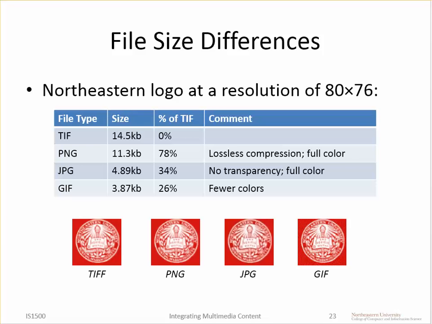So you kind of have to decide, do you want full color, in which case you need to use either TIFF, PNG, or JPEG. Then you have to ask yourself, do I want full compression? And if I want compression, am I willing to accept a degradation of quality for better compression, in which case you pick JPEG.